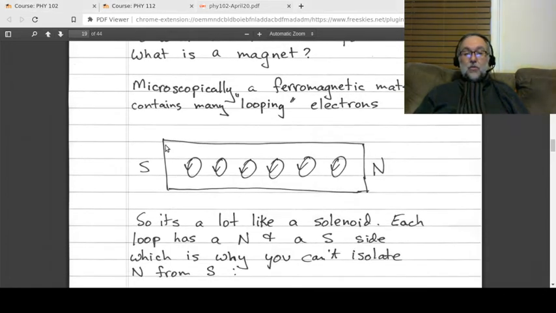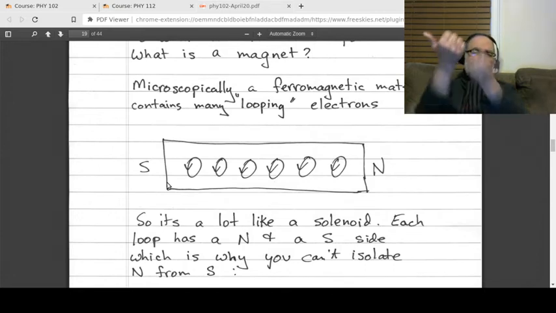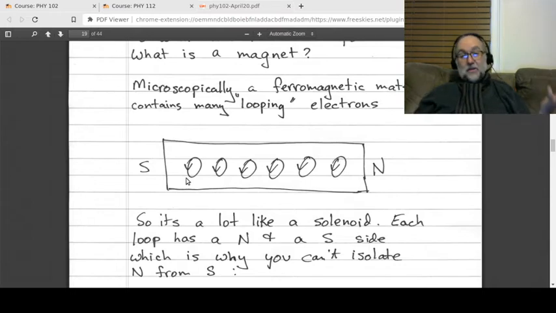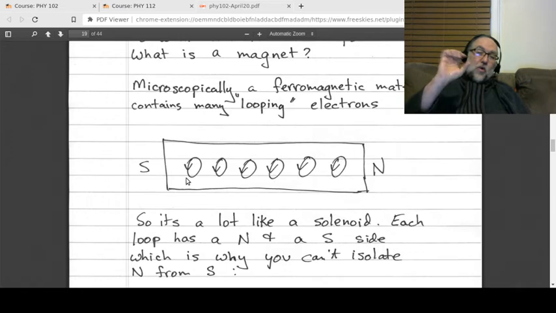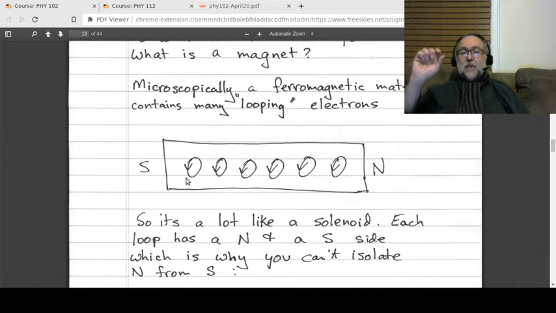So if you have a magnet, which is basically something like iron, but it's not just iron where the atoms are all scattered in every direction. This is iron where the atoms are actually all aligned like this. And their alignment means that the electrons, as they circulate inside of them, are forming little loops. Okay, they're actually forming something like a little solenoid in there. And so each little loop has its own north and south, and it adds to the neighboring north and south, and adds to the neighboring north and south, and that's what a magnet is.